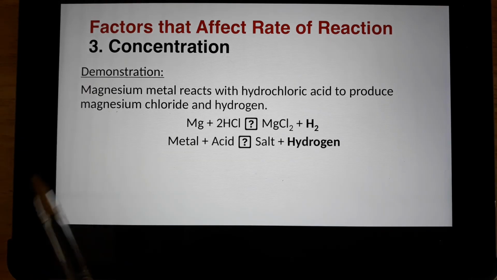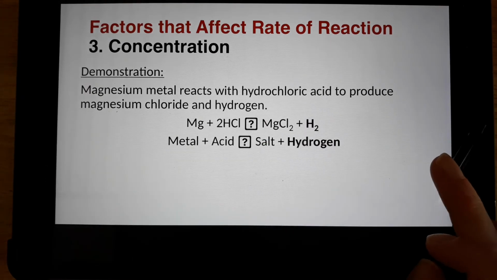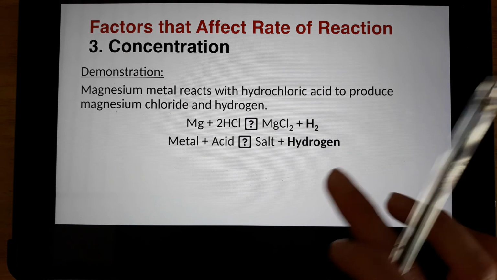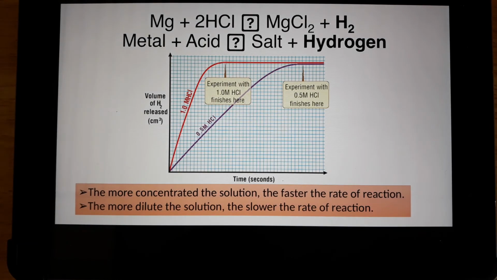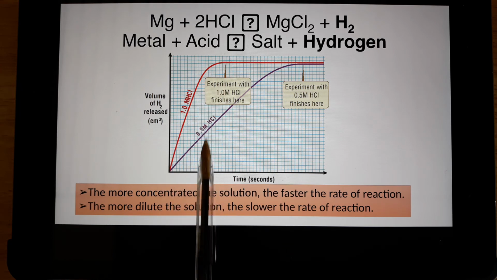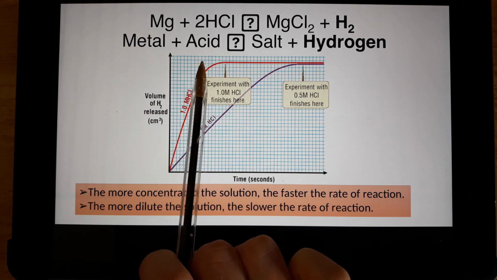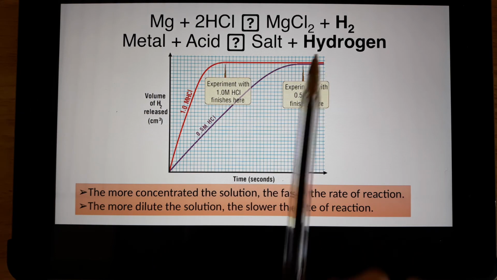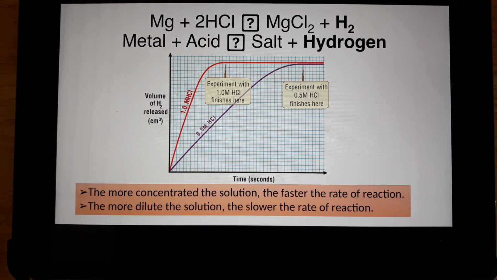Okay, so we see here magnesium reacts with hydrochloric acid to produce magnesium chloride and hydrogen gas. You can see here a 1 molar hydrochloric acid solution will have a very fast rate of reaction initially, meaning in a short space of time you have a huge steep slope here, huge amount of product being produced. Then the reaction begins to level off as maybe all of the hydrochloric acid is used up.